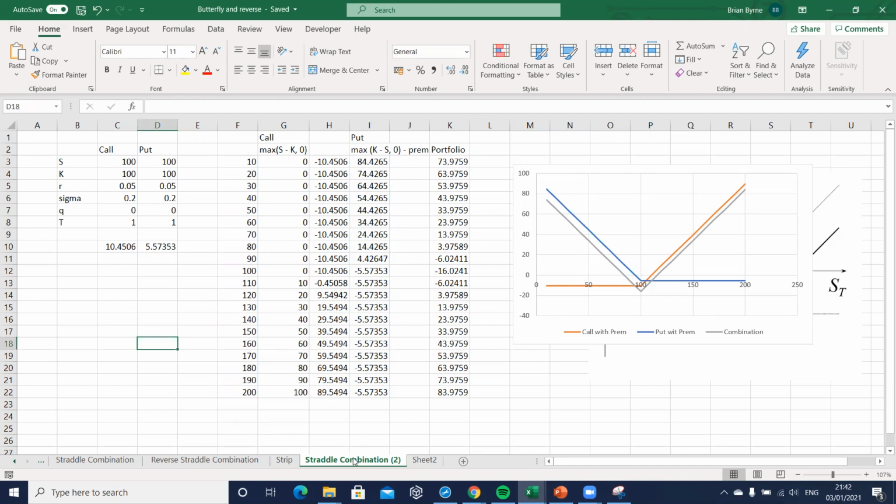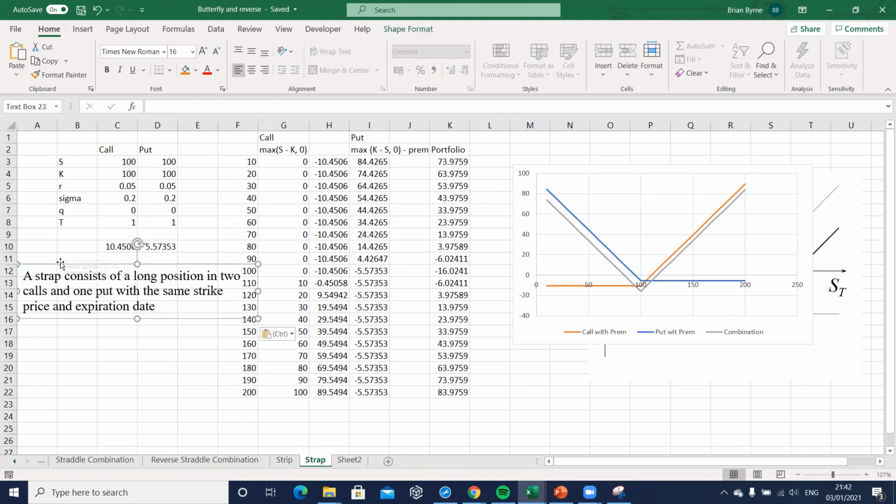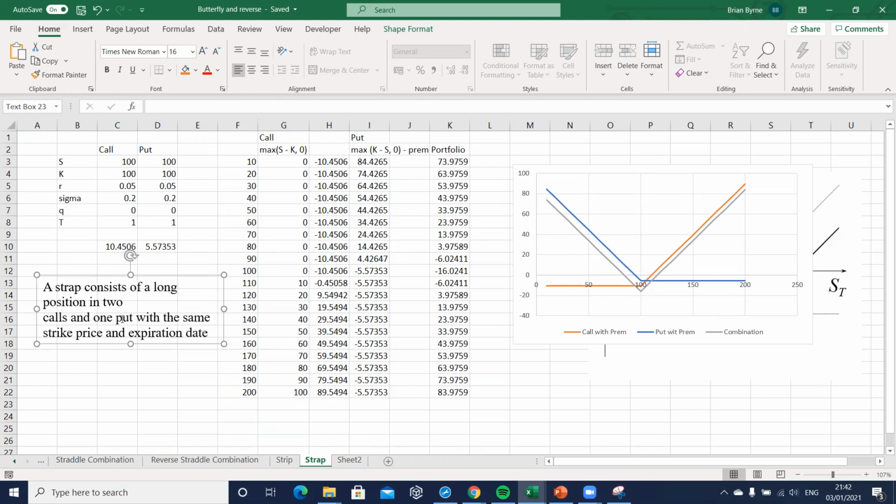Okay, so again, just so that we're clear, this is a strap strategy. It's made up of a long position in 2 calls and 1 put, both sharing the same exercise price or strike price and the same expiration date.